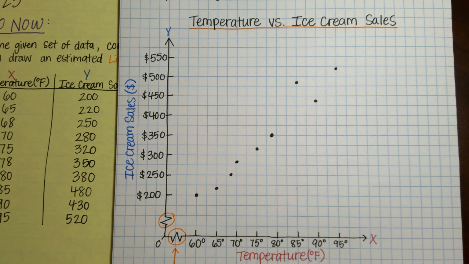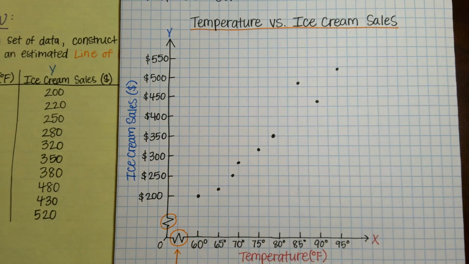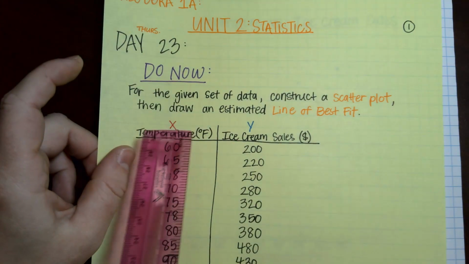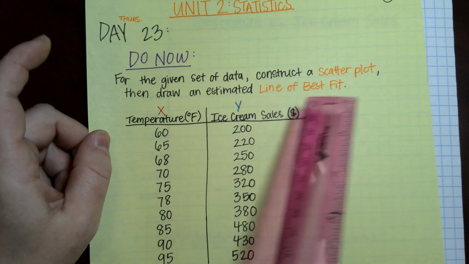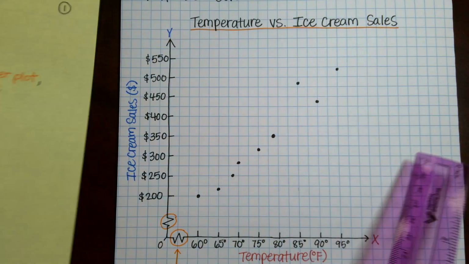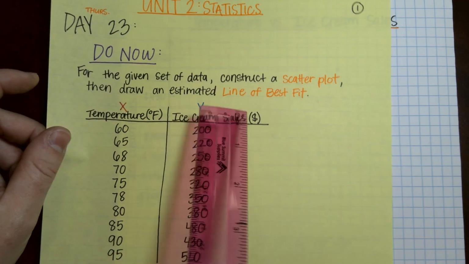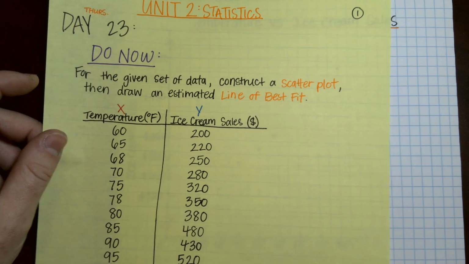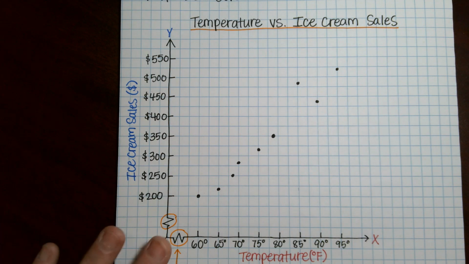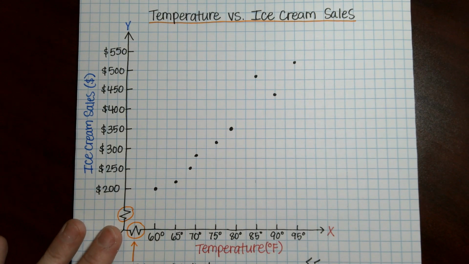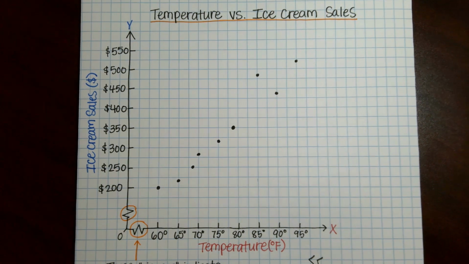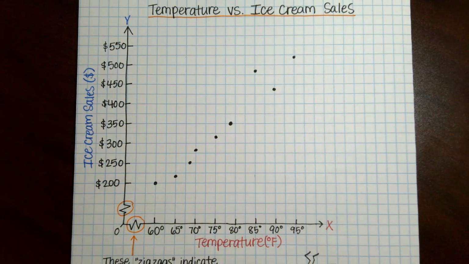So first of all, the next part of our directions says once we construct our scatter plot, done. Now we need to draw an estimated line of best fit. Now I'm going to tell you guys there is a formula that exists to use these points and calculate an exact line of best fit.